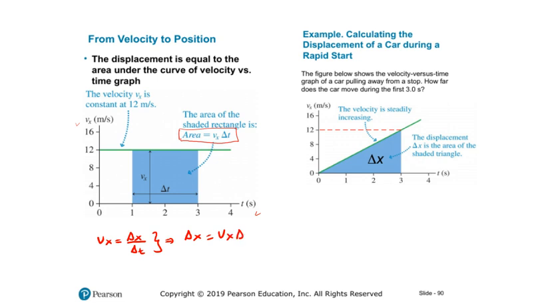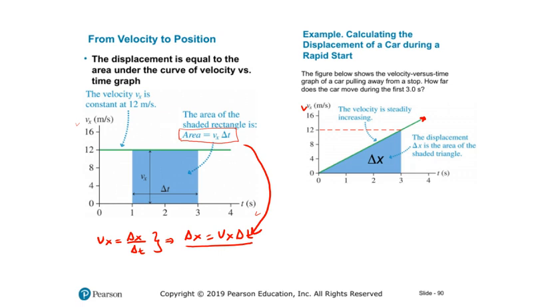We had Vx is equal to delta x over delta t. And now we are seeing that delta x is equal to Vx times delta t, which is actually this area. So that's where the equation is also coming from.